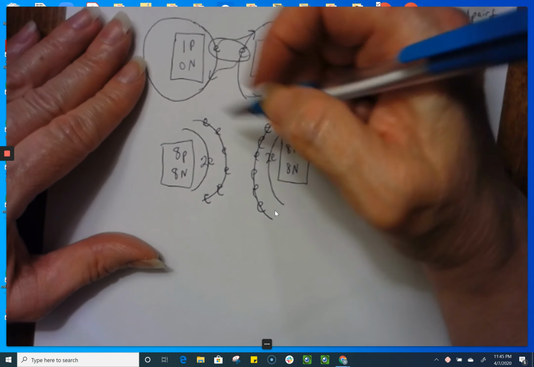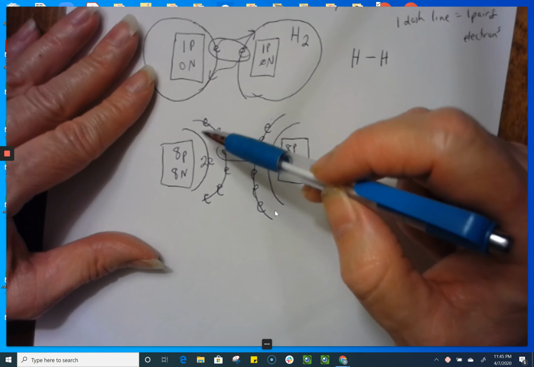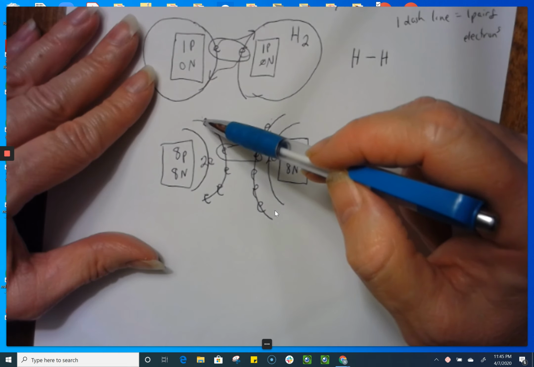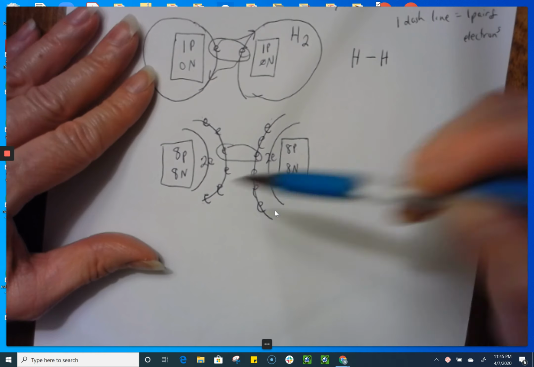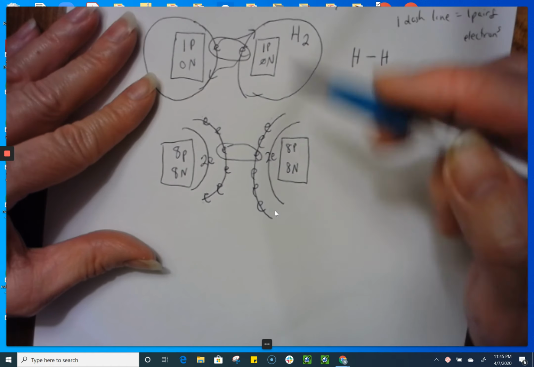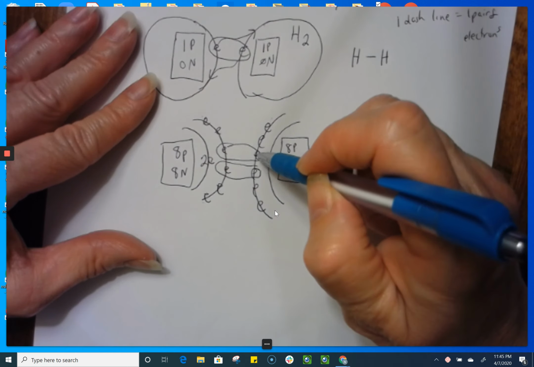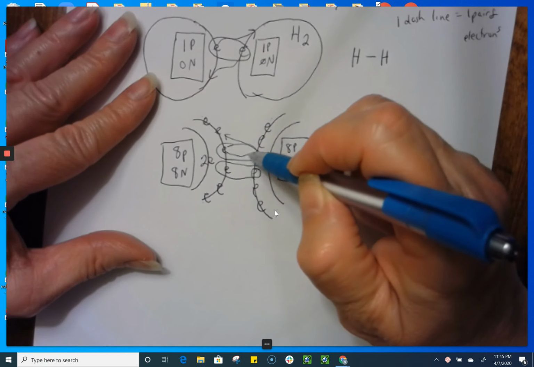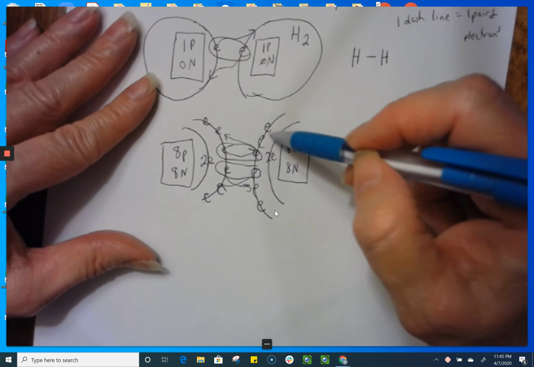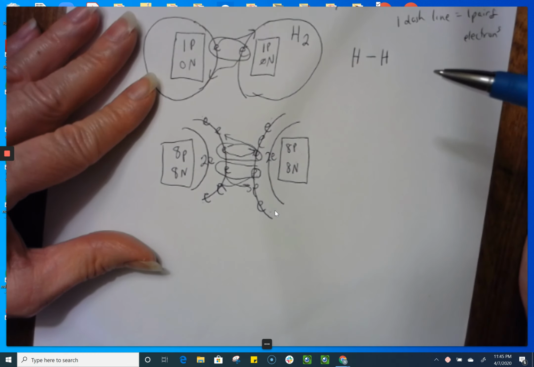So what they will do is share electrons. If they just shared one pair, then this atom would have access to 2, and then 1, 2, 3, 4, 5, 6, 7. And that does not give either one of them a filled outer shell. But if they share another pair of electrons here, then these electrons can also orbit the other nuclei, and it gives them access to 8 electrons in their outer shell.